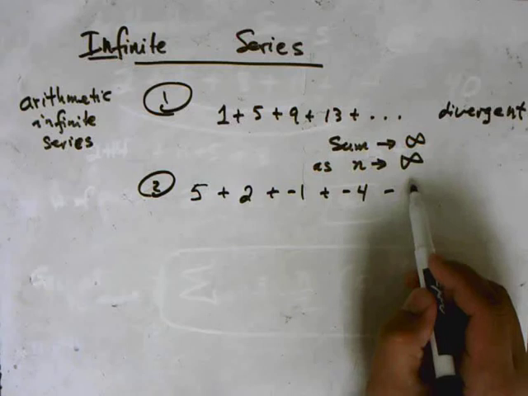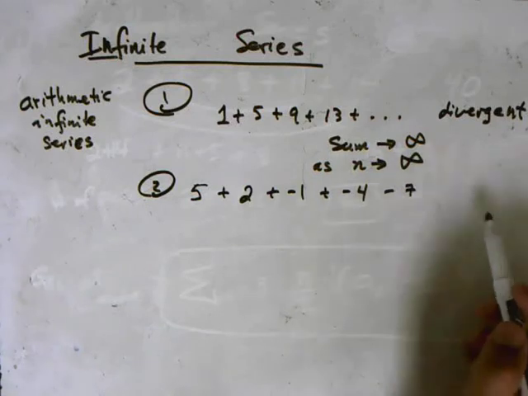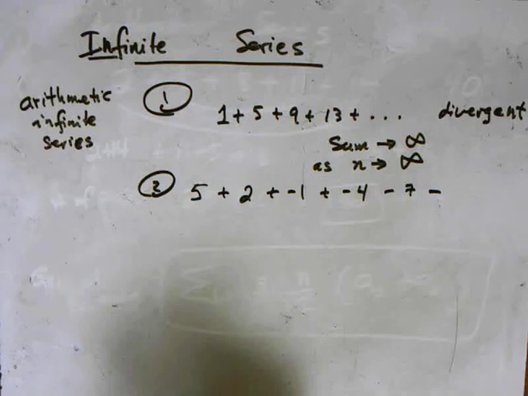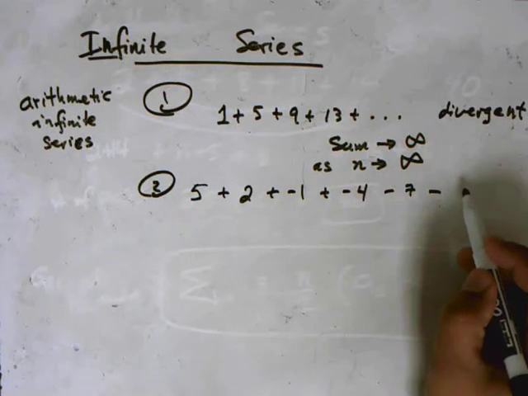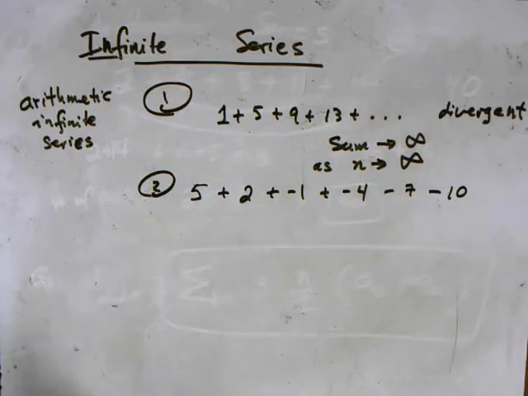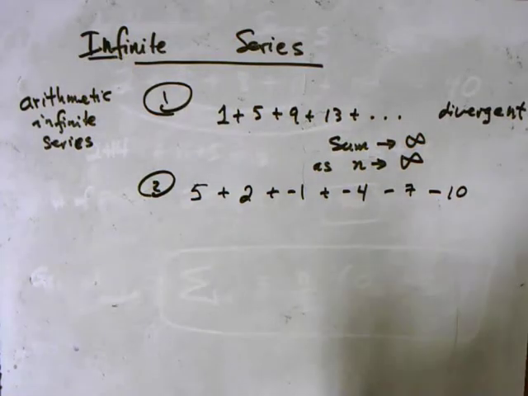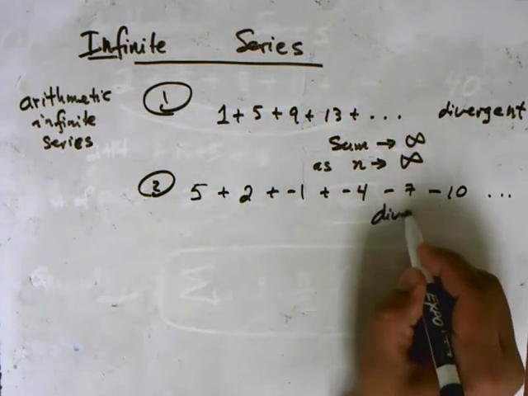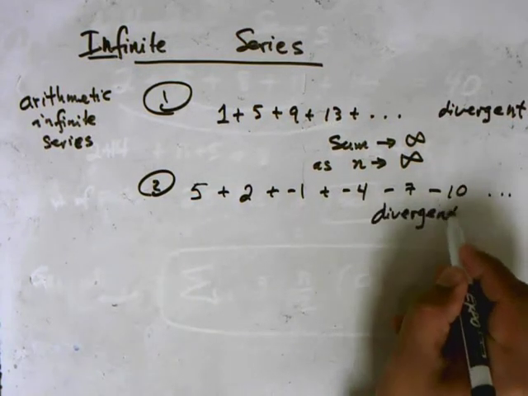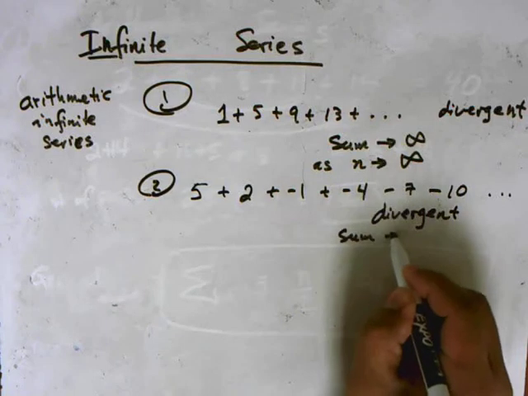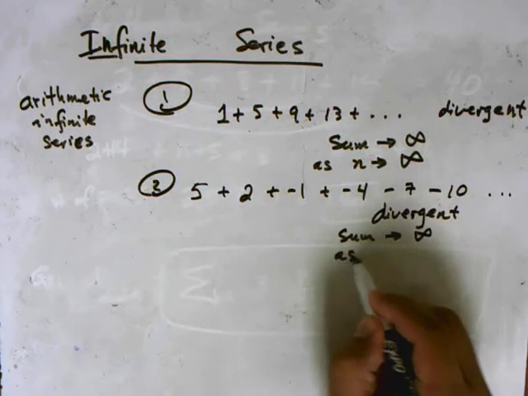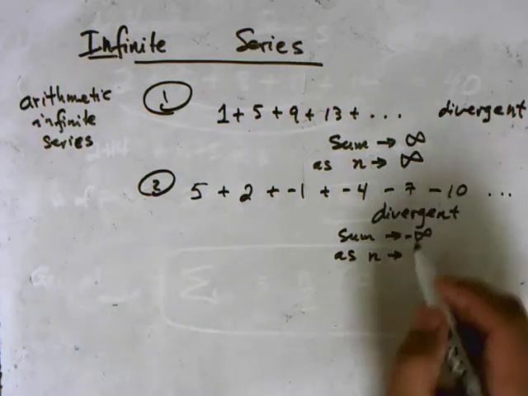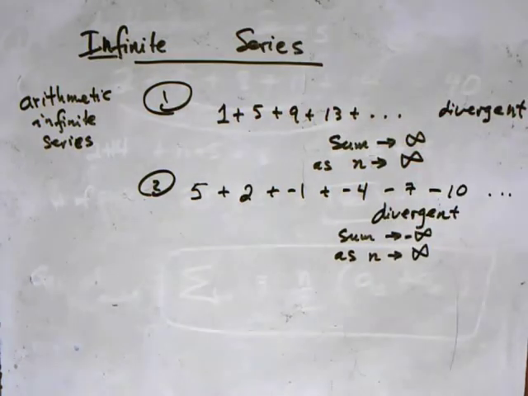The next term in here would be -7, which will give you -5. If you add the next term here, which would be -10, it's going to give you a bigger and bigger negative number. Okay? So this here is also divergent, because the sum goes towards negative infinity as n approaches infinity.